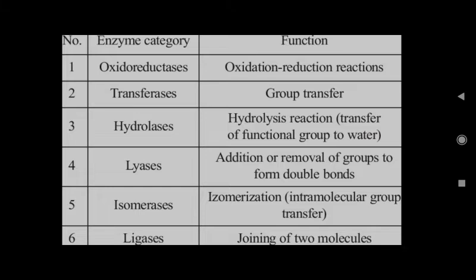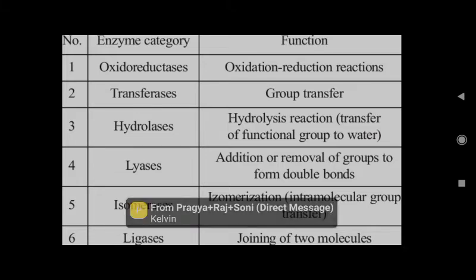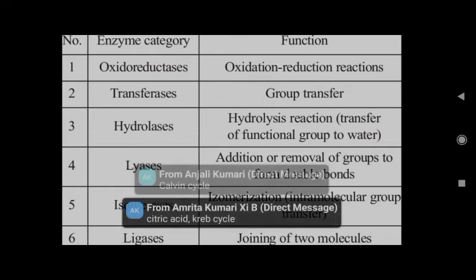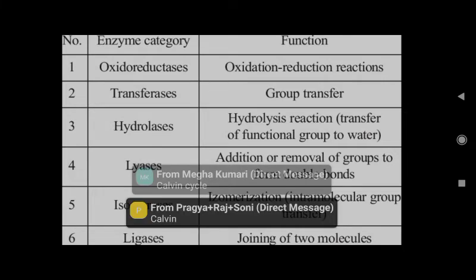So, what is the other name of the C3 pathway? We popularly remember the C3 pathway as... Pragya, the spelling is wrong. Correct, Ruchi? Calvin, yes, correct now.